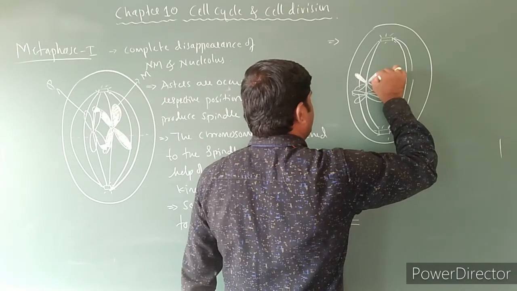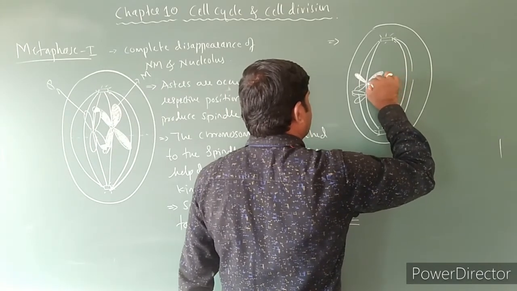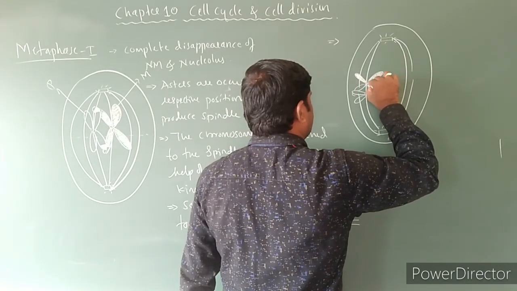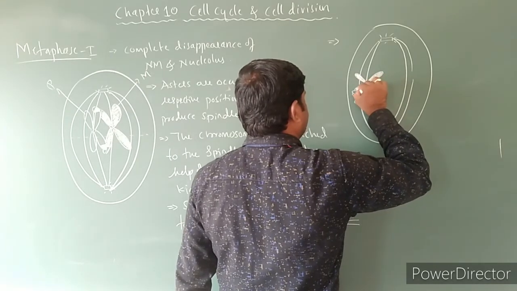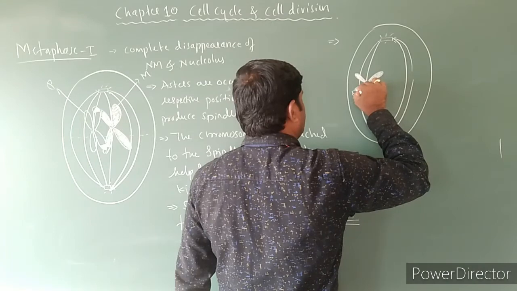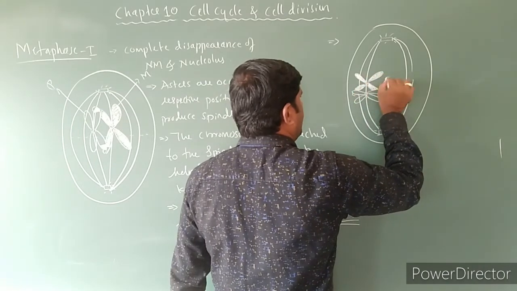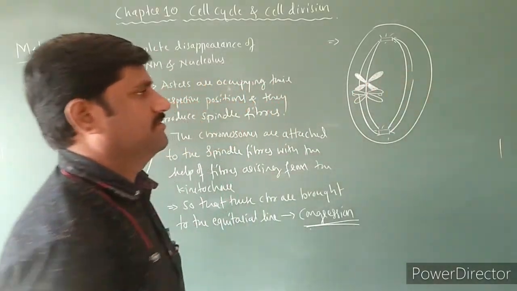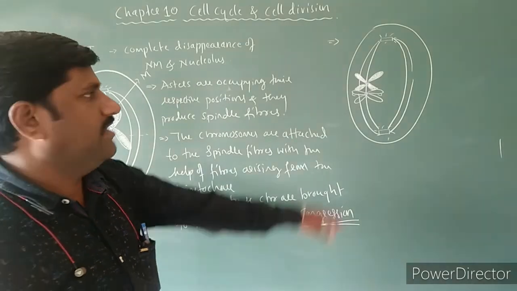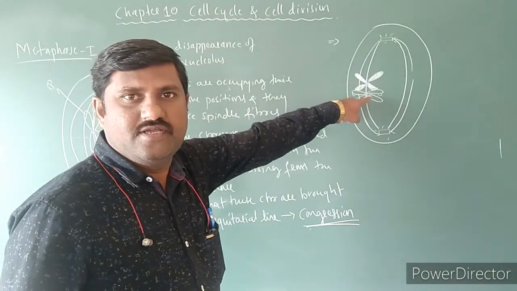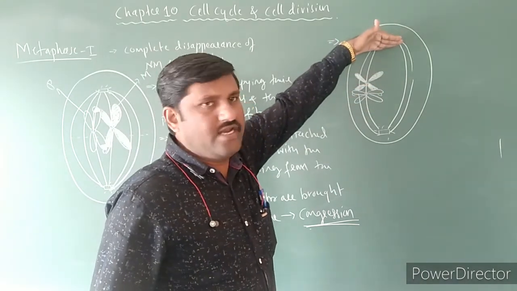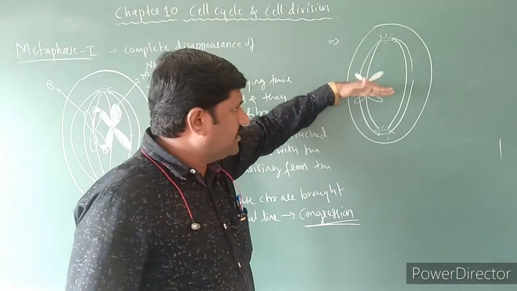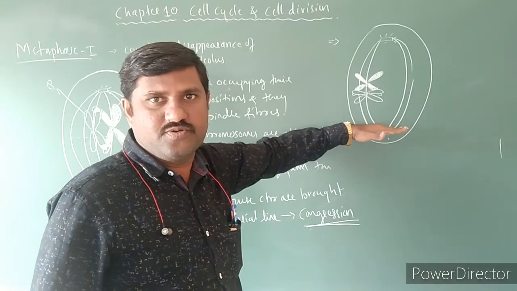I am shading this one. See, the chromosomes are lying just like this. They attach to the spindle fibers, and one set of chromosomes is lying towards this pole, and one set of chromosomes is lying towards this pole.